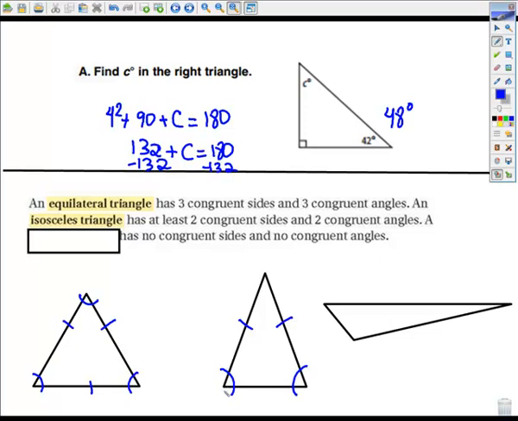And these angles are actually called the base angles. So let me label these here for you. This is equilateral. And this was isosceles. That is not how you spell isosceles.